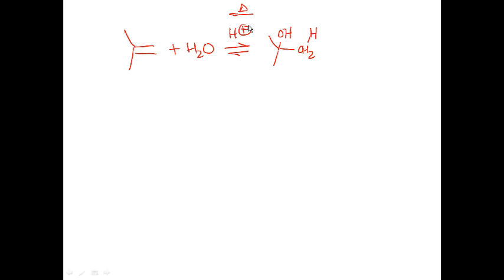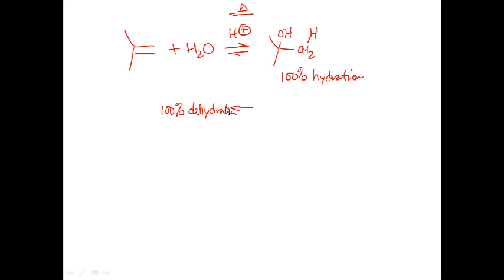Now, how do you actually force the reaction to go to completion? How do I get 100% hydration if this is an equilibrium reaction? And how would I get 100% dehydration if I wanted to go in the reverse direction like I did on Monday or Wednesday? Well, this is where I use Le Chatelier's principle.